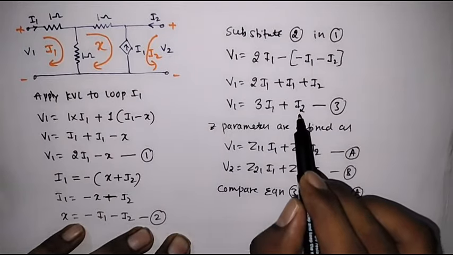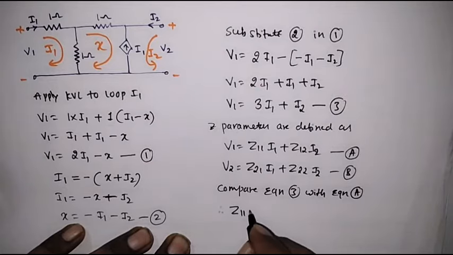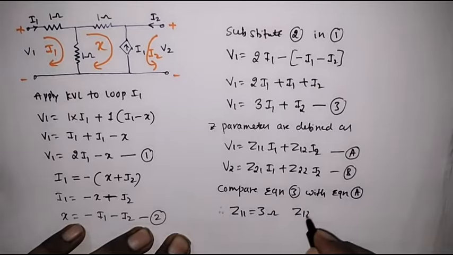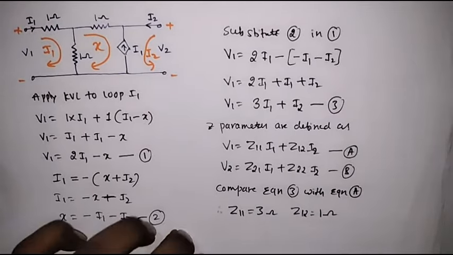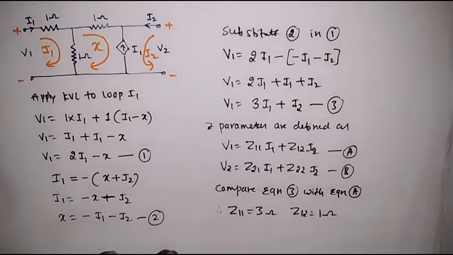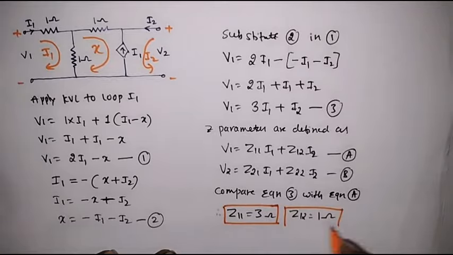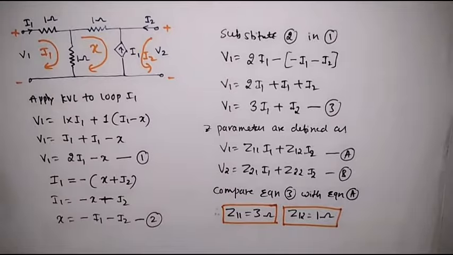Here the coefficient of I2 is 1. Therefore Z11 is equal to 3 ohm and Z12 is equal to 1 ohm. Thus we found the first two parameters of the Z parameters, that is Z11 and Z12. Now let us calculate the next two parameters.